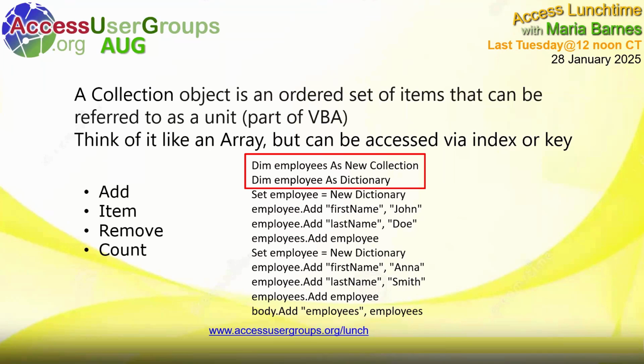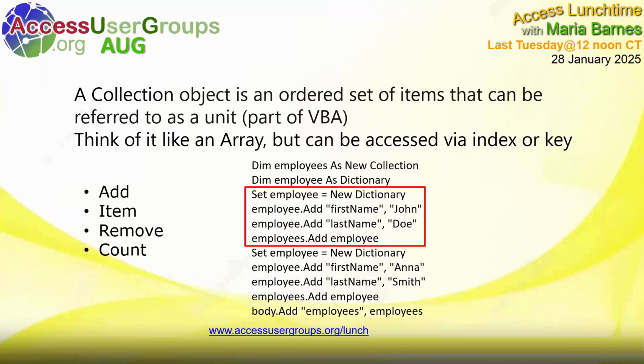But in this example, I set up both a collection, which is called employees, and a dictionary, which is called employee, and then set the employee equal to a new dictionary and add two keys and values to the dictionary, a first name and a last name.